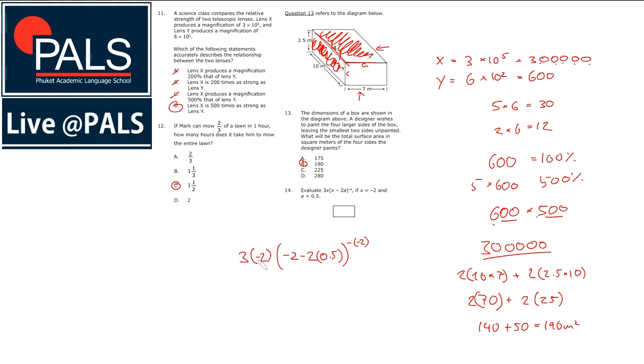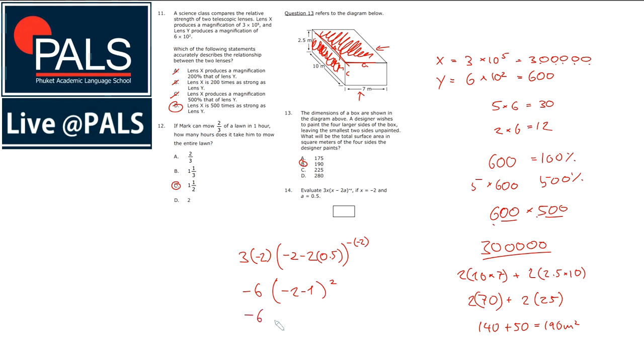So in front we will have 3 times minus 2, which is minus 6, and let's see what we have in the brackets here. 2 times 0.5 is 1, so minus 2 minus 1, and then minus 2 is 2.